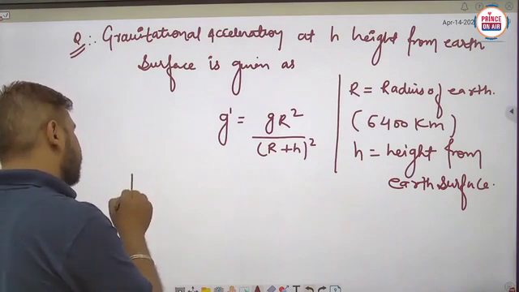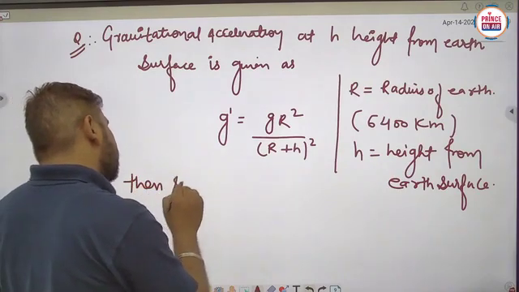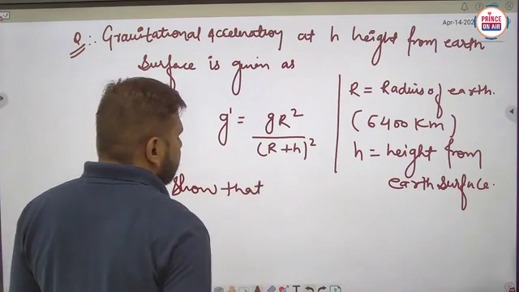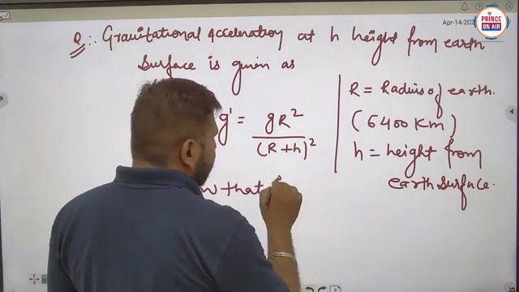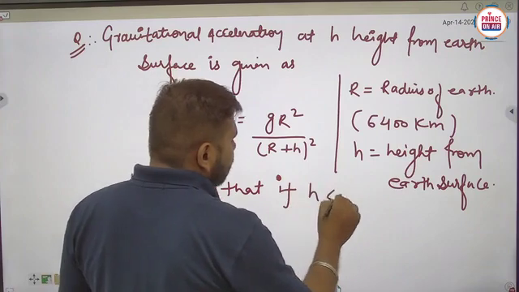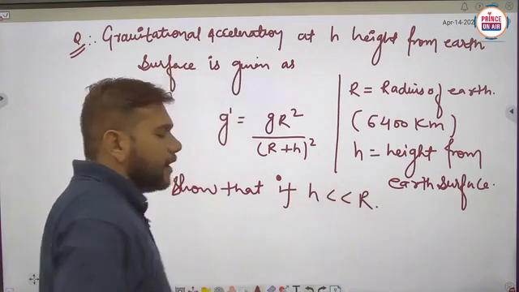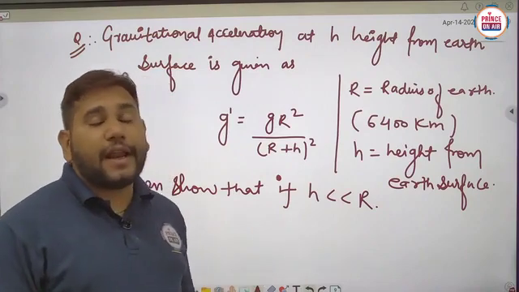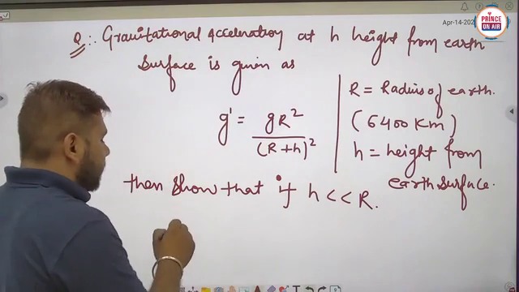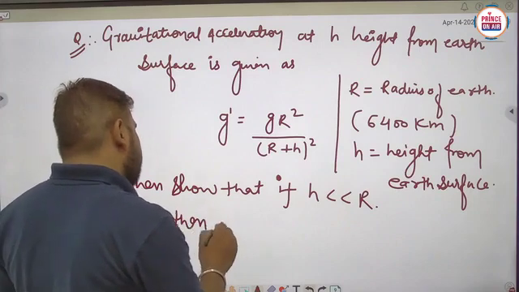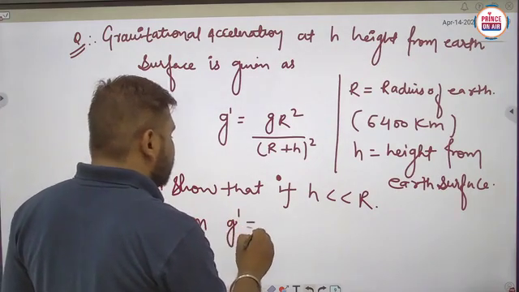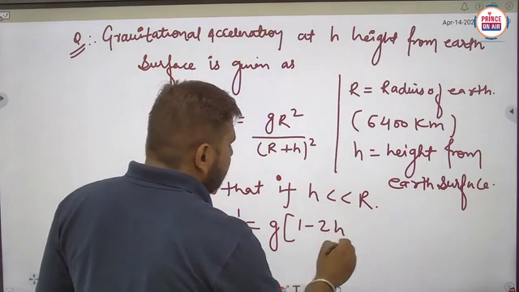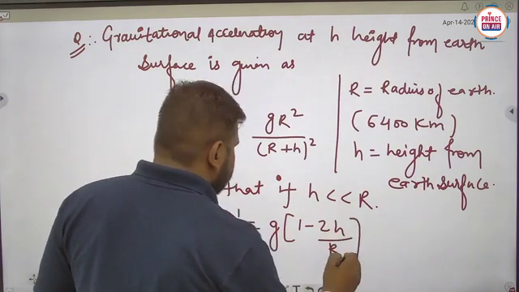Then show that if h is very less than r, then show that g dash will be equal to g (1 minus 2h by r).